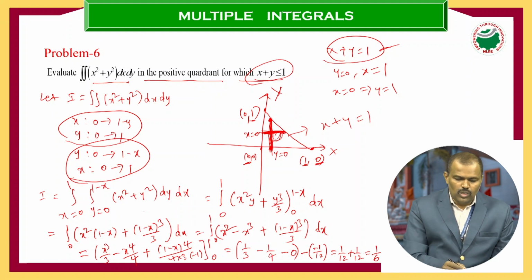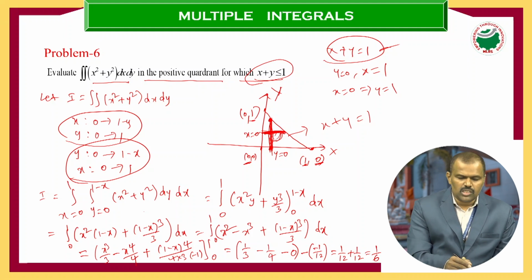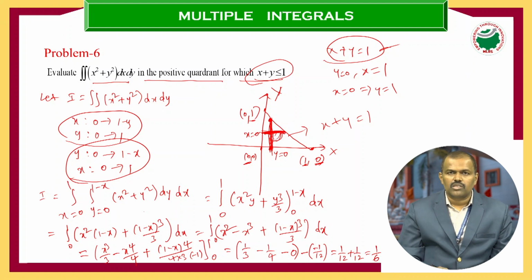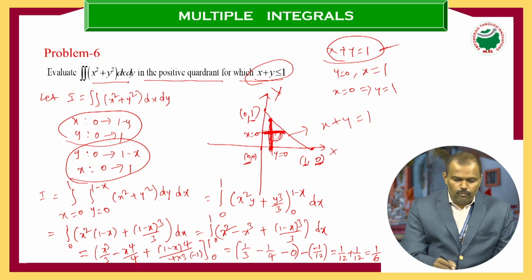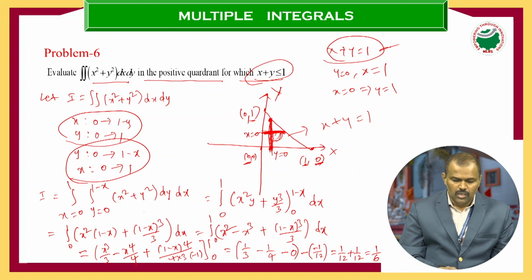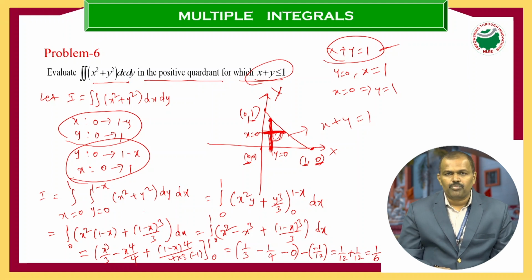So here y limits 0 to 1 minus x, x limits 0 to 1, x square plus y square dy dx. So here first I am doing with respect to y, because y limits are there. Keeping x terms constant, integral of x square dy is x square into y, plus integral of y square is y cube by 3, within the limit 0 to 1 minus x, dx.